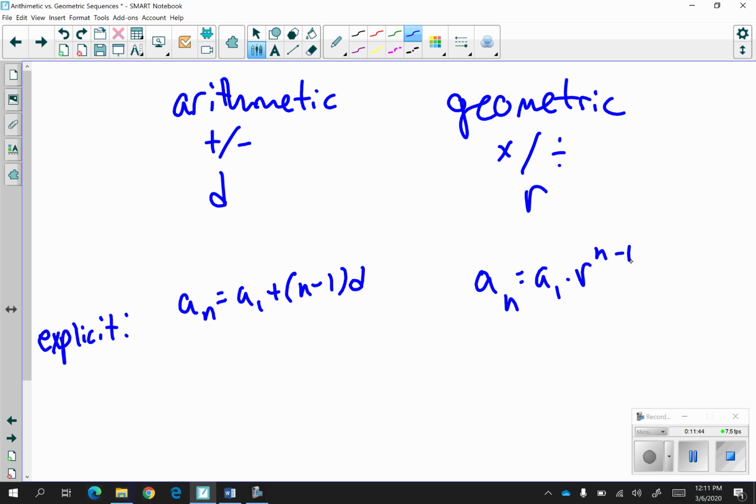So make sure whether the question is asking for explicit or recursive, which we're going to see later on. It's explicit if you need to find a particular term number. If you want to find the 10th term or the 100th term, you're going to use explicit. If it's asking you for the nth term, you're still going to use explicit. But there is an explicit formula for arithmetic and a separate one for geometric. And that's all for this video.